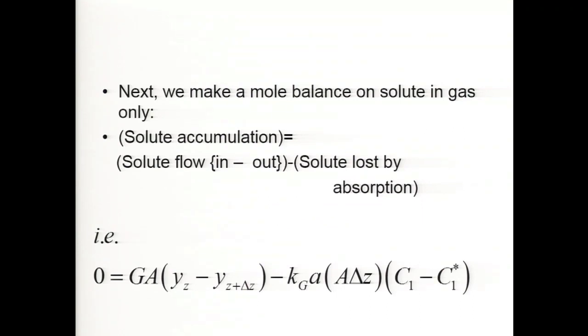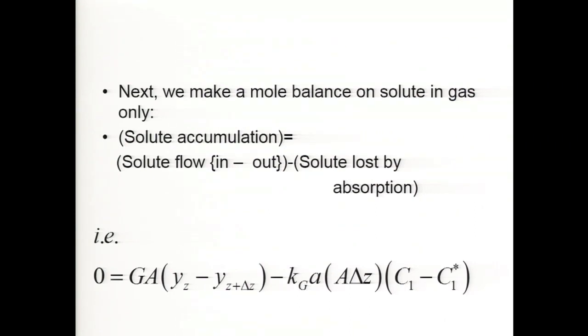We should be able to talk in terms of the overall gas phase mass transfer coefficient, which we indicate as capital Kg. The driving force is going to be the gas phase concentration in that section delta z, C1 minus C1 star. What is C1 star? C1 star is the equivalent or equilibrium concentration in the gas phase if that gas were to be in equilibrium with the local liquid.